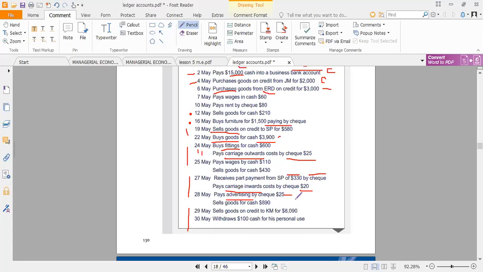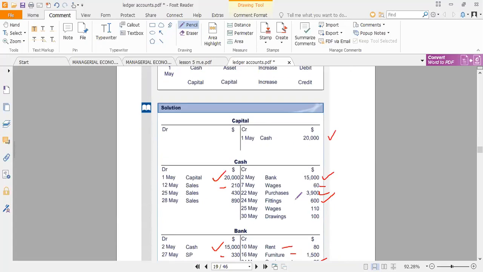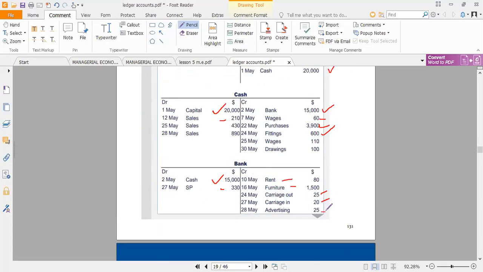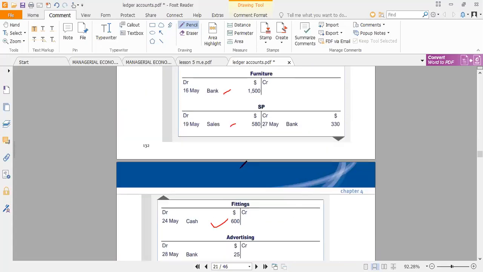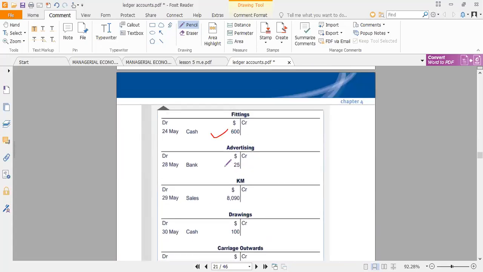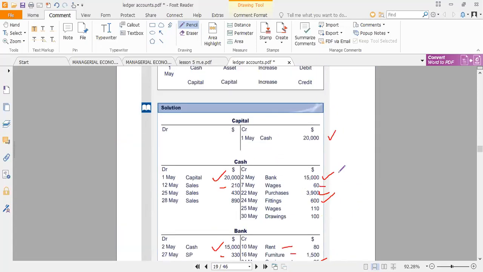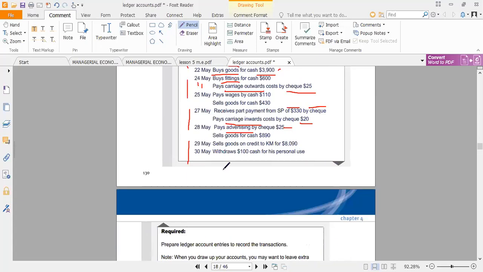So here we go to 25. Since we're paying out, then we go to advertising. It's an expense. We're going to debit it. Okay. Then we also have sales goods for cash 890. Which two accounts are we considering here?